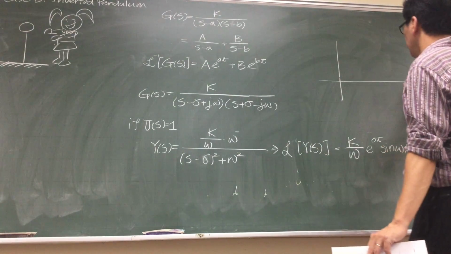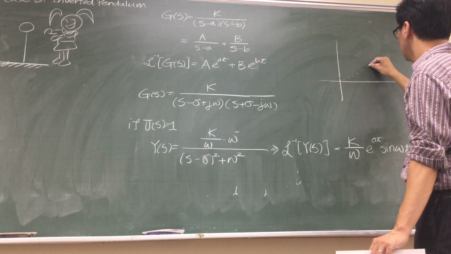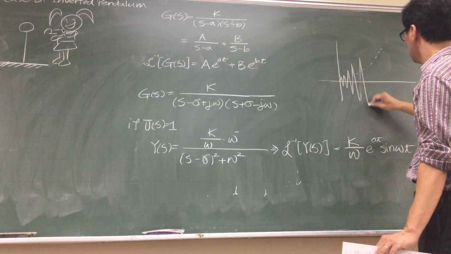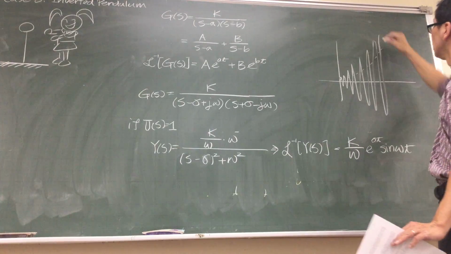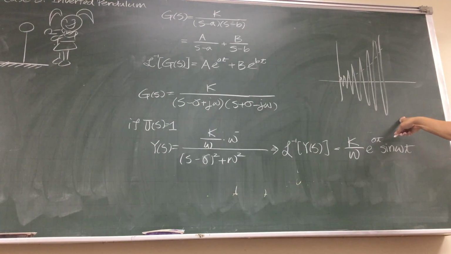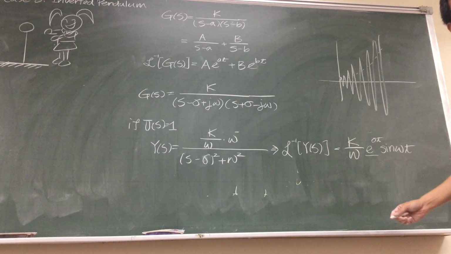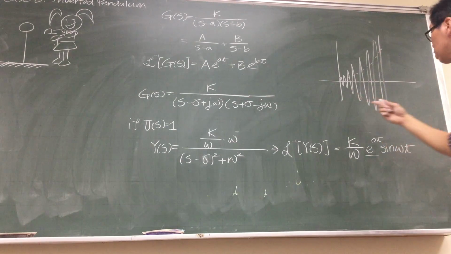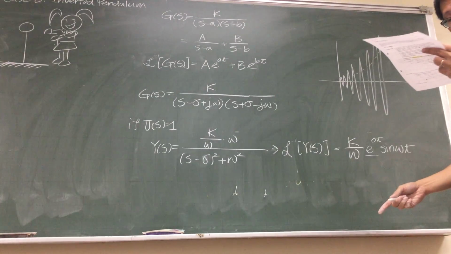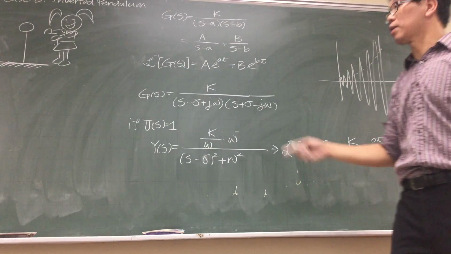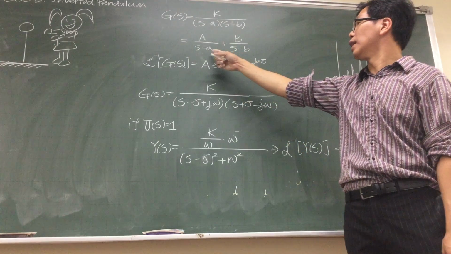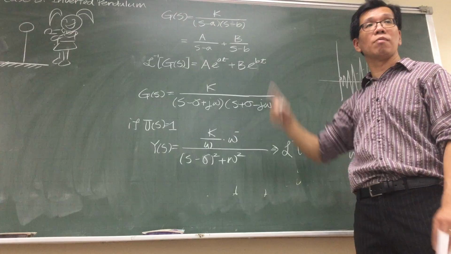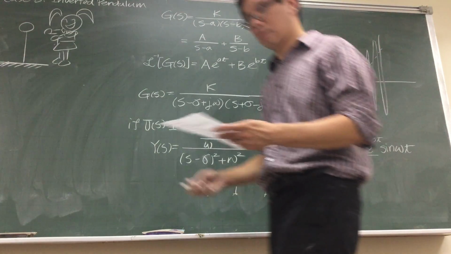So what happened is, it's unstable, since you have this part which is increasing exponentially, divergent. So the overall system becomes unstable, which means mathematically, if you have positive poles, your system becomes unstable.